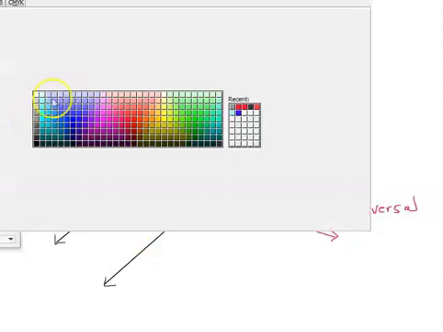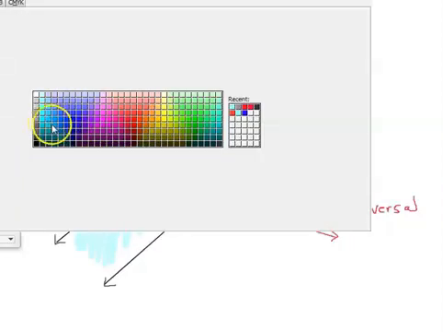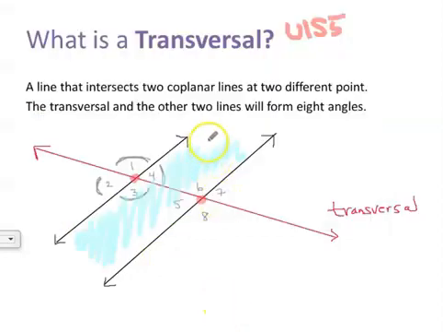I want to go over the idea of interior and exterior. So between our 2 coplanar lines, all these angles would be considered interior angles. They're interior of our 2 lines here. So angles 3, 4, 5, and 6 would be interior because they're located between our 2 lines.